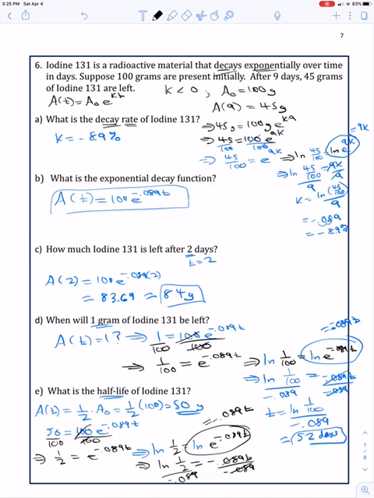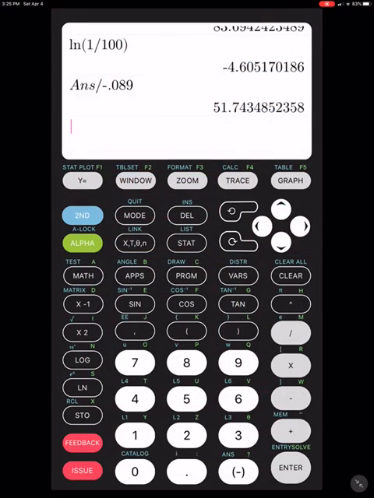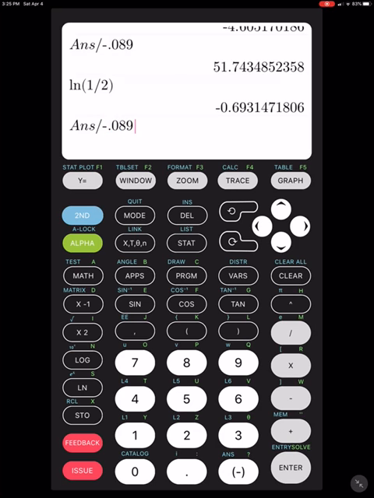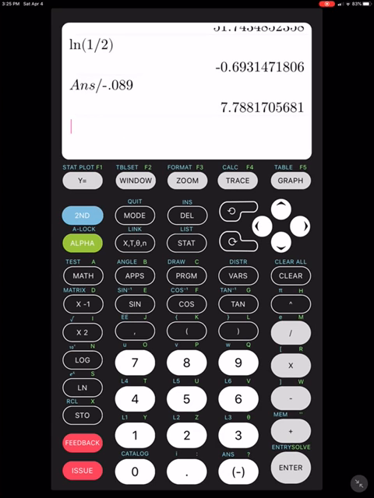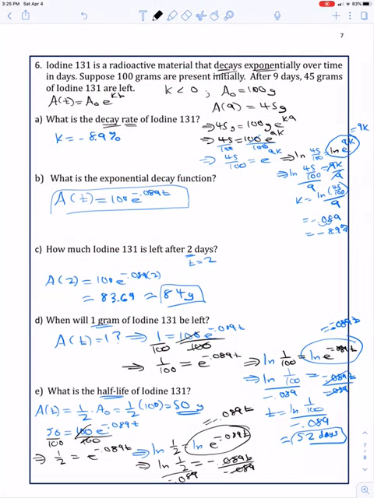What's ln of 1/2 divided by negative 0.089? So ln of 1/2, and type that in correctly. All right, divided by negative 0.089. So half-life is 7.7. So we got t approximately 8 days. So half-life, 8 days. So to get half the initial amount, it takes 8 days to get to 50. 9 days is 45, as you can see in our different problems we worked through.